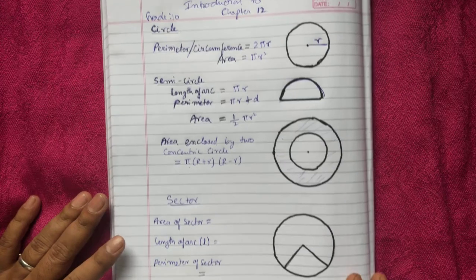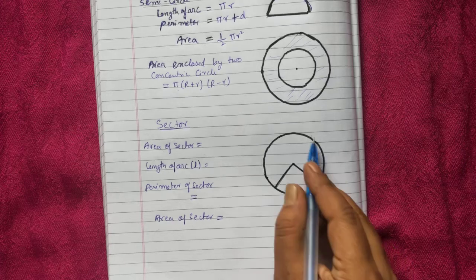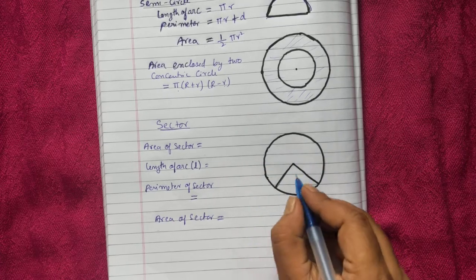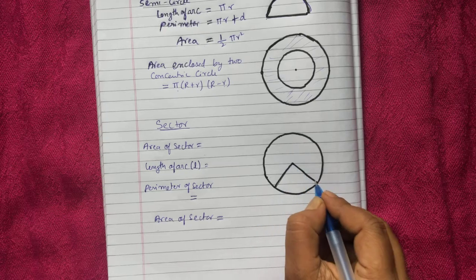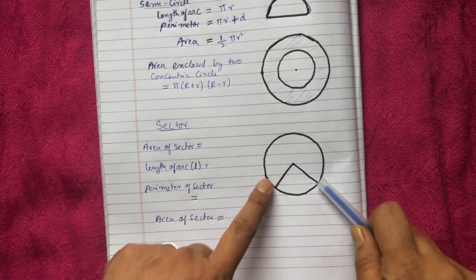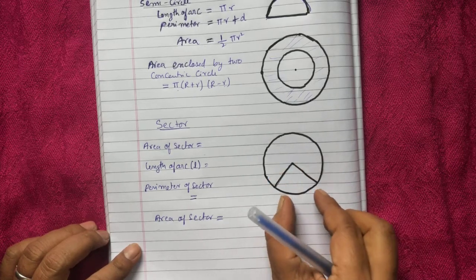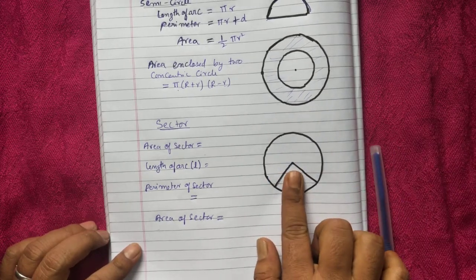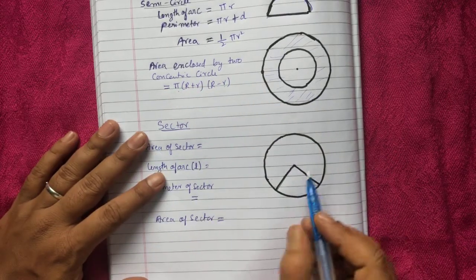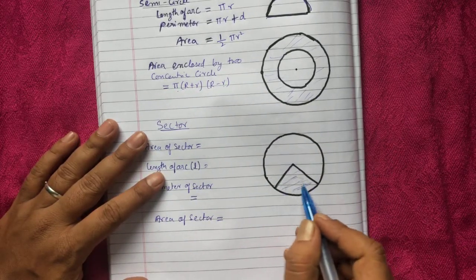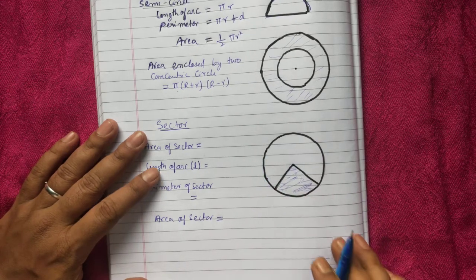Next is sector. Sector means suppose there is a circle and you cut the circle from the center like a piece of cake. This portion is called a sector. The small part is called a minor sector and the remaining part is the major sector.